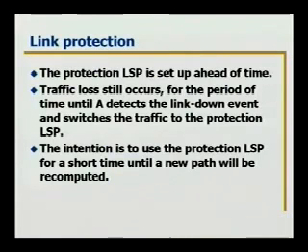So let's see what we've seen so far. So far we've seen the example of link protection. We were protecting the link AB. First of all, please note that the protection LSP was set up ahead of time.